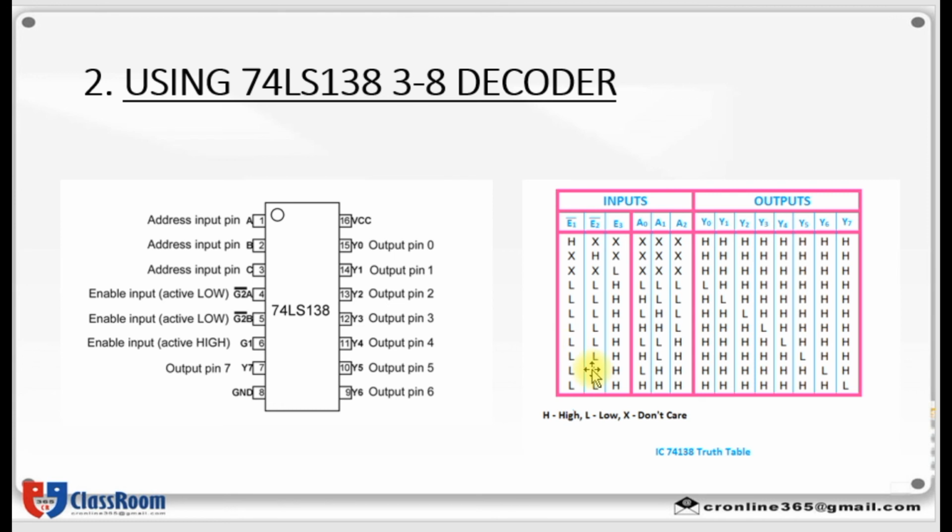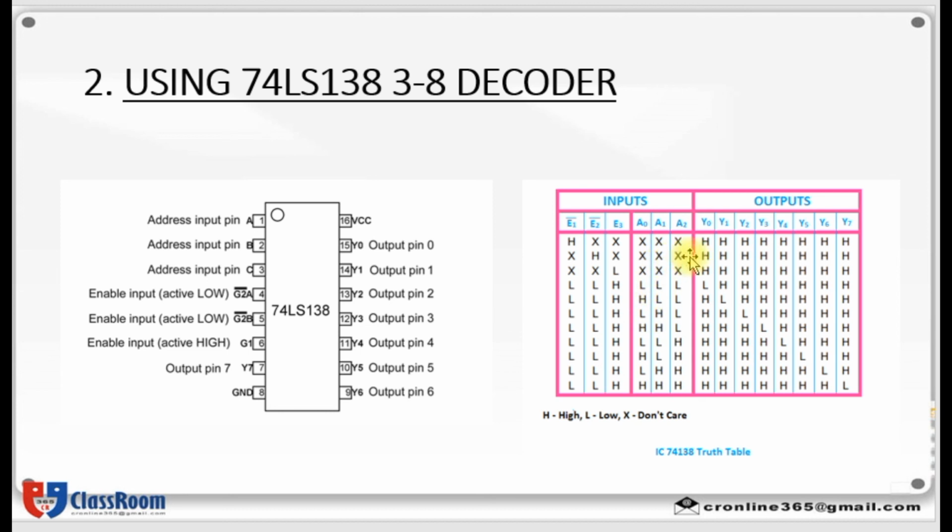Here you can see Y0 to Y7 outputs, then 3 inputs A, B, C, here denoted as A0, A1, A2, then G2A, G2B represented as E1 bar, E2 bar, then E3 is active high, that is represented as G1. So here you can see 2 active low signals and 1 active high signal.